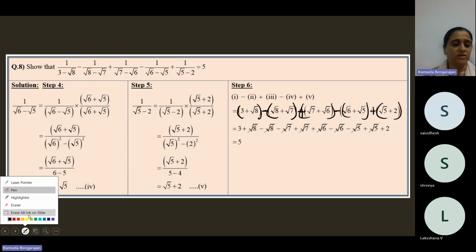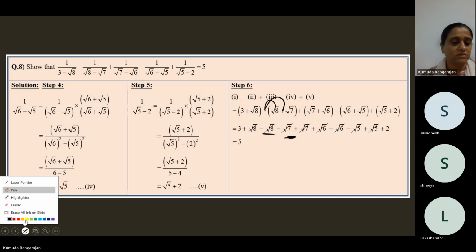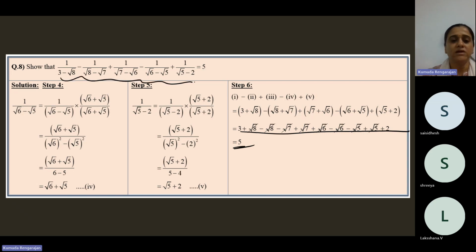And when there's a minus outside the bracket, minus into root 8 is minus root 8 and minus into plus minus root 7. Be careful. When there's a minus outside the bracket, the terms inside the bracket will take their opposite sign. Be careful, and then you can see the result of this expression simplifies to 5. And that's what we had to prove. Show that the value of this expression is 5.